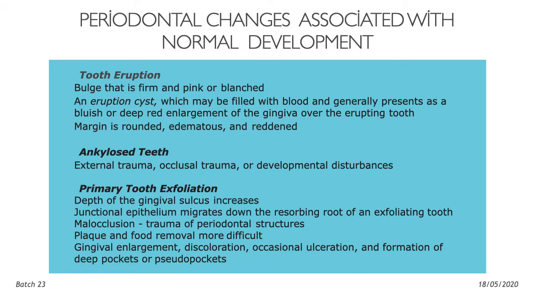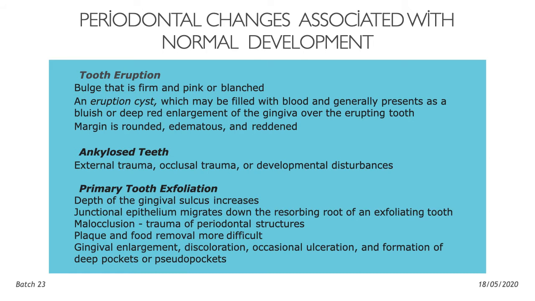When there is a tooth eruption, you will most frequently see an eruption cyst, a fluid filled or blood filled gingival enlargement, which is bluish to deep red in color, seen on the gingival margin or in the bulbous gingiva before the eruption of the tooth. After the tooth erupts into the oral cavity, it resolves by itself.